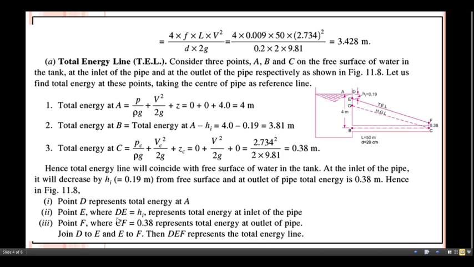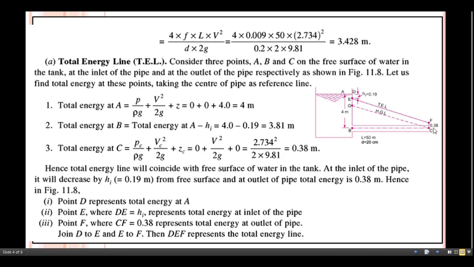Hence from this figure, here is the point D. Point D represents the total energy at point A. Here is the point E, where DE, this DE indicates hi, represents the total energy at the inlet of pipe.